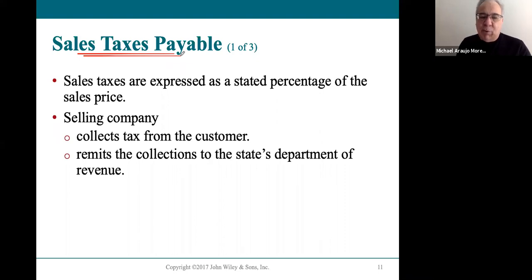So that means the employer, as the selling company, is going to collect money for selling the product, plus they're going to collect extra money in the sales tax. That sales tax is not theirs. They have to remit that to the state Department of Revenue on a regular basis. And so that sets up a liability called a sales tax payable.